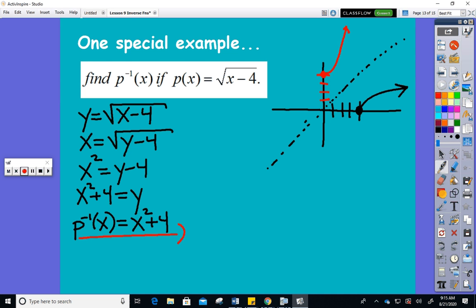So that requires me to say that the inverse equation is actually x squared plus 4 if x is greater than or equal to, look, its starting point here is 0, 4. So x has got to be greater than that 0.